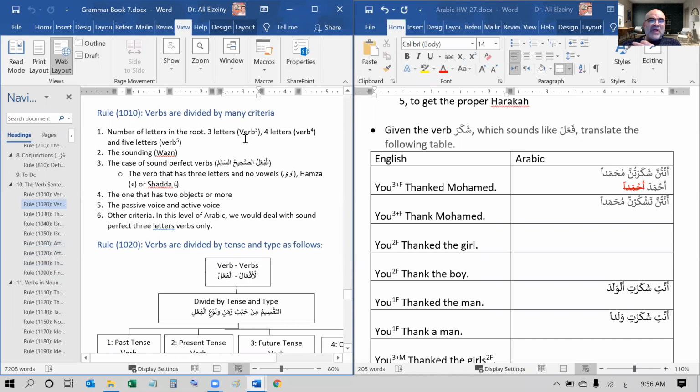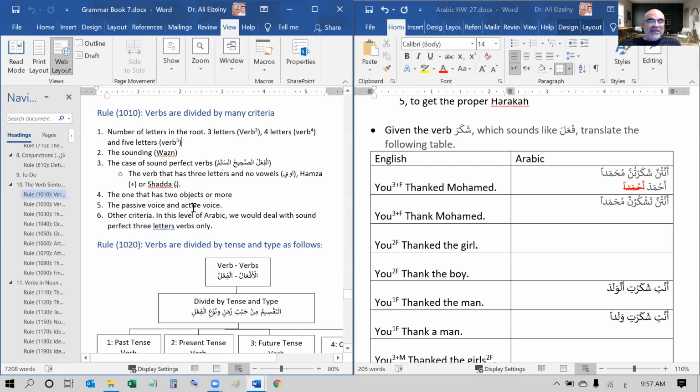I have a symbol: for 3 letters, I write verb and then put 3 as a superscript. For 4 letters, I write verb and put 4 as a superscript. For 5, I put 5. So we're dealing only with verb 3 here, and no shadda, no vowels, etc. We have other classifications, like verbs that have 2 objects, not only 1 object.